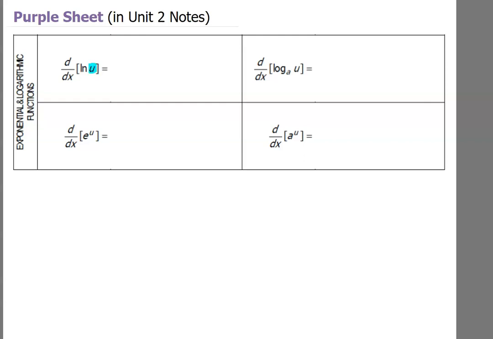Notice that I've stopped bothering with the x's because I want to go ahead and just include the chain rule as we're working through these. When we started the purple sheet, we hadn't learned the chain rule, and so I had to have x's for everything. But now that we know the chain rule, I'm going to go ahead and just include it so you don't have to remember it as its own separate thing.